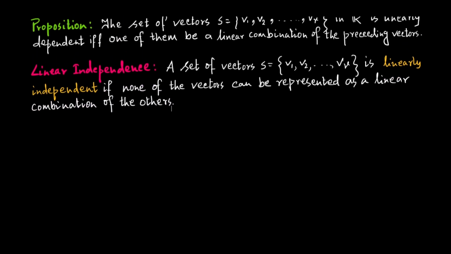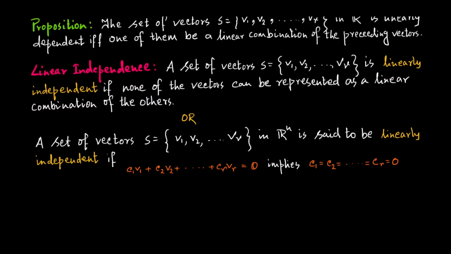Or in other words, a set of vectors S = {V1, V2, etc., Vr} in Rn is said to be linearly independent if C1 V1 plus C2 V2 plus etc. plus Cr Vr equal to the zero vector implies each of these scalars is zero.